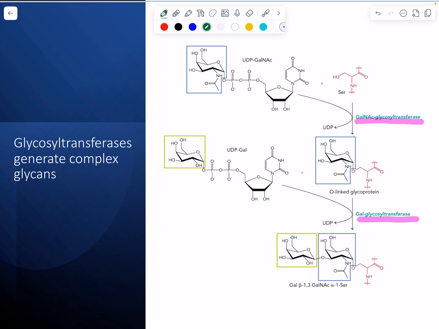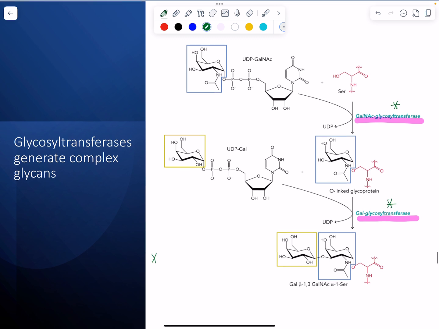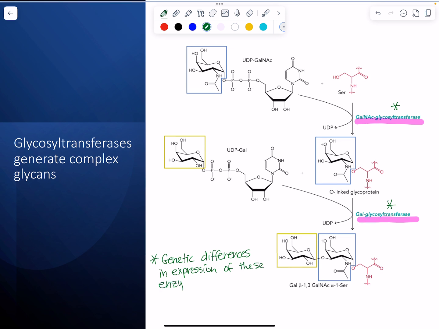Okay, so one of the important things about these enzymes is that there are genetic differences in expression between individuals of these enzymes. And also the activity, okay?